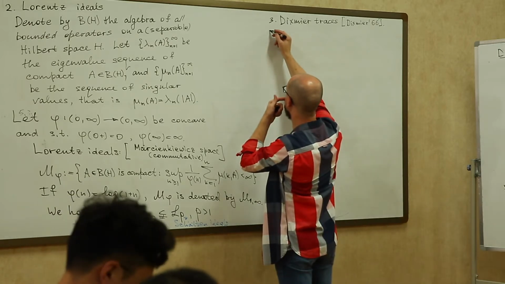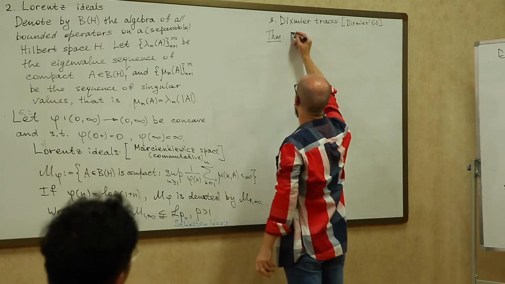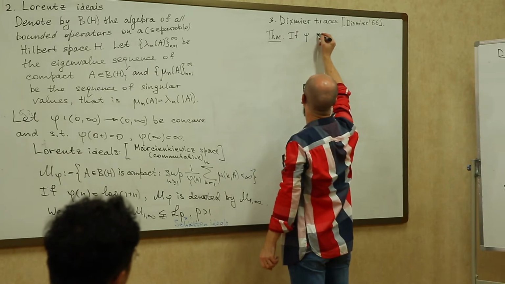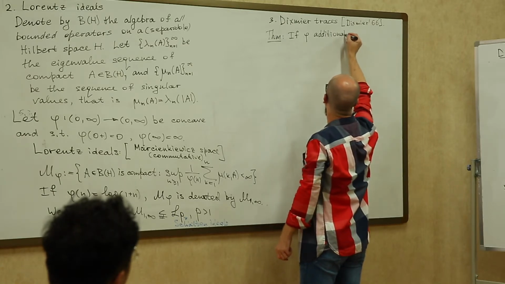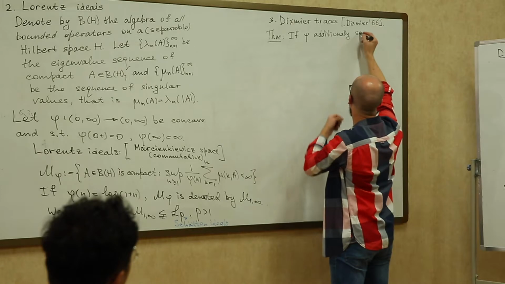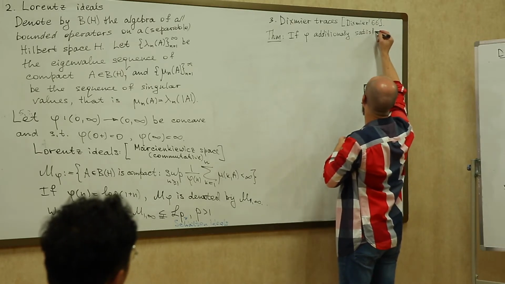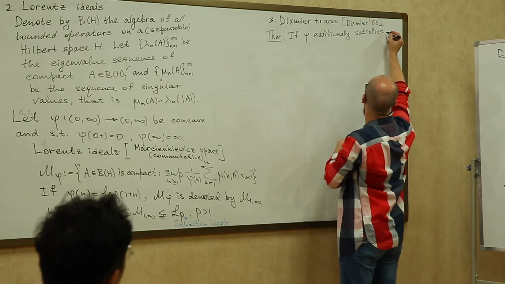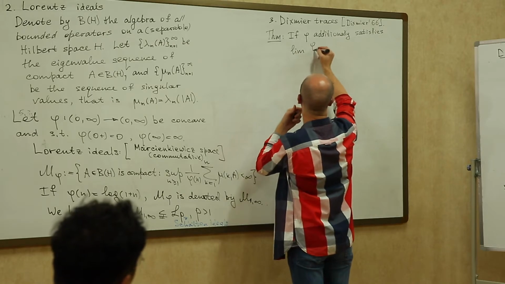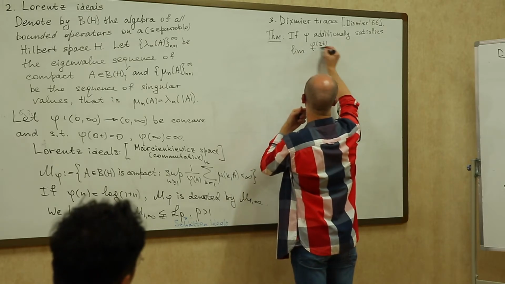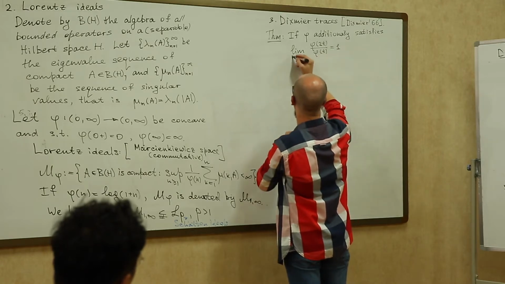So, theorem. If phi additionally satisfies this property, the limit of phi of 2t over phi of t equals 1.